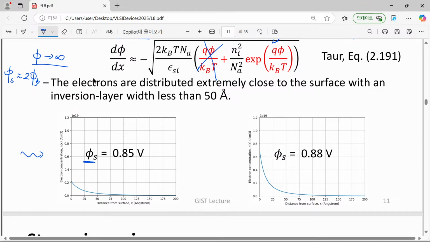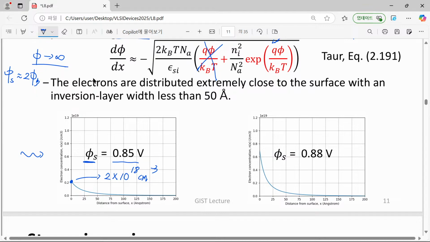So here I have prepared one simple example. Now the surface potential is 0.85 volt. Let's say that this is a strong inversion. Here you can see that the surface electron density is 2 times 10 to the 18 per cubic centimeter.